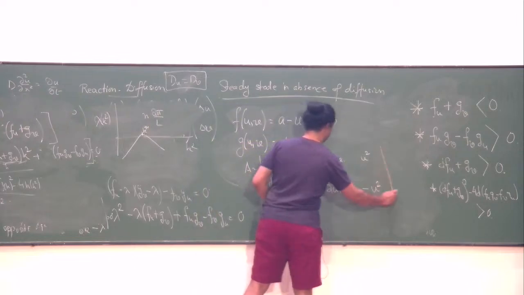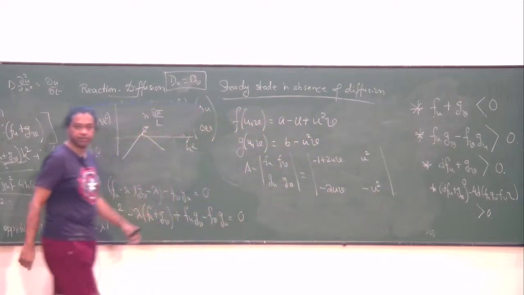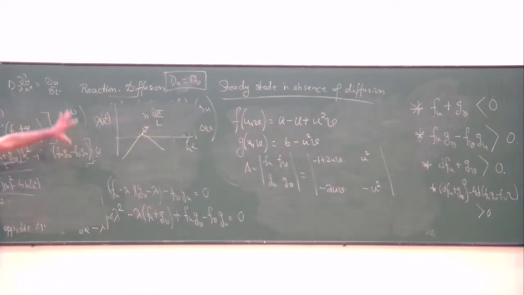So this is what I have for the stability matrix for this Schnackenberg kinetics.